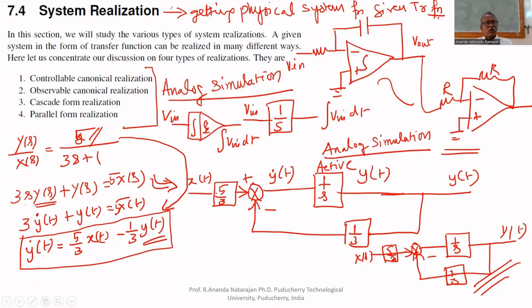So how to get a physical system? There are 4 methods available: controllable canonical realization, observable canonical realization, cascade form realization, and parallel form realization.